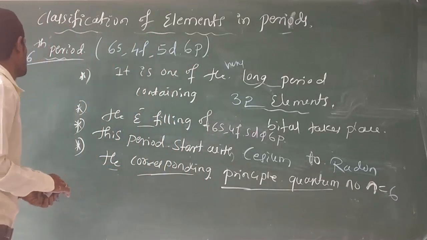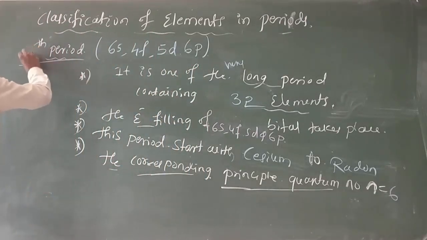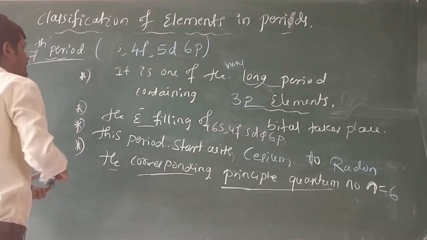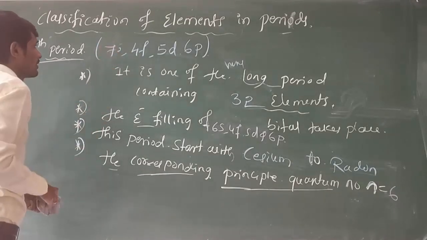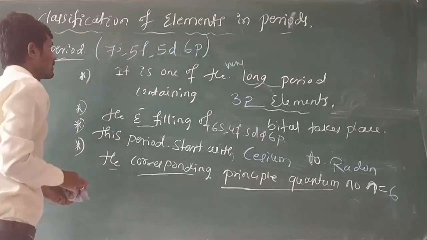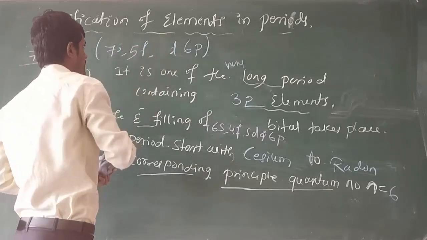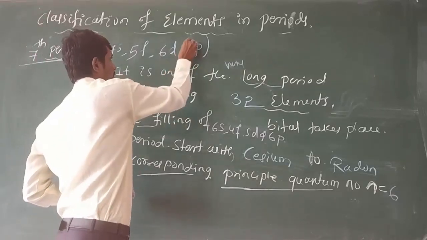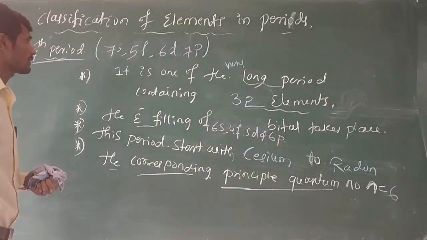Next, the last one, that is 7th period. In presence of 7th period, 7s, 5f, 6d and 7p orbitals are observed here.